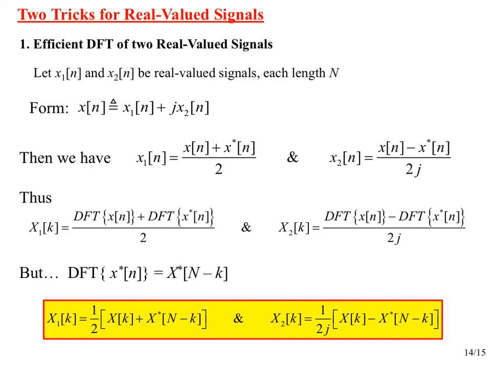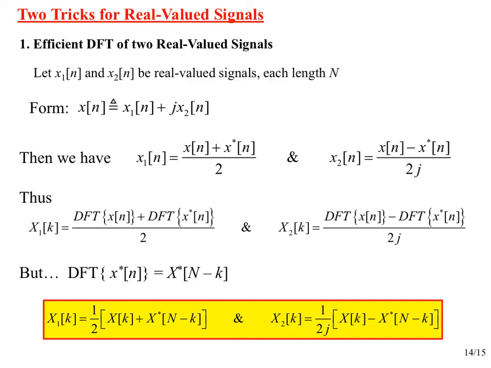So the first trick works like this. And we alluded to this when we talked about using the DFT to implement the overlap and save. So we said we could take 2 successive blocks of data and stick them into a single FFT computation and get that effectively for free.